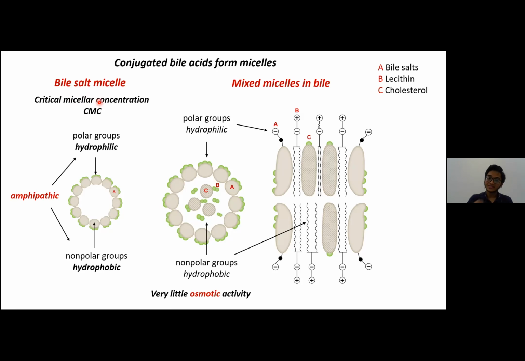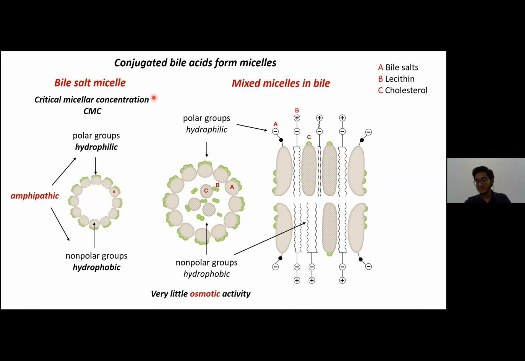Now, a lot of people get confused with this critical micellar concentration. What this basically means is the amount of bile necessary for you to produce micelles. Does that make sense? I'll repeat it one more time. The critical micellar concentration is the amount of bile required for you to produce micelles.